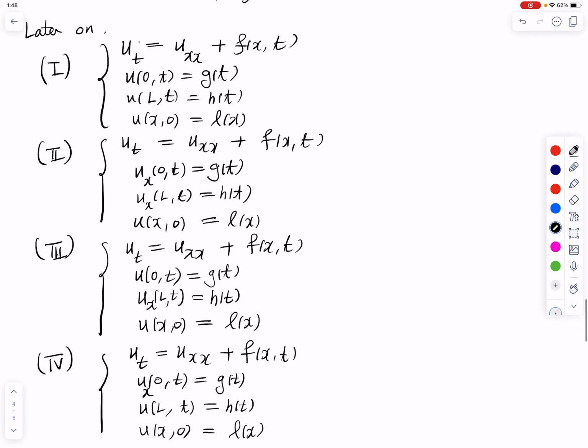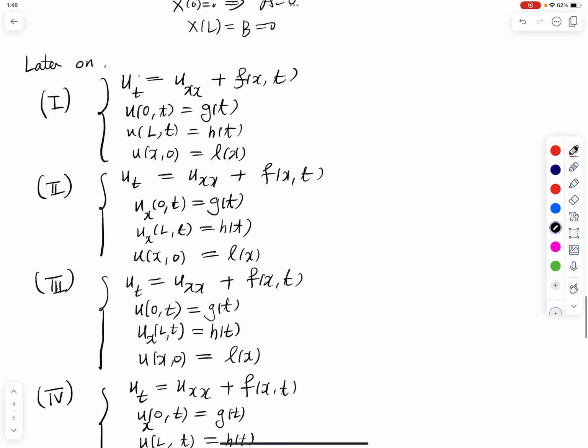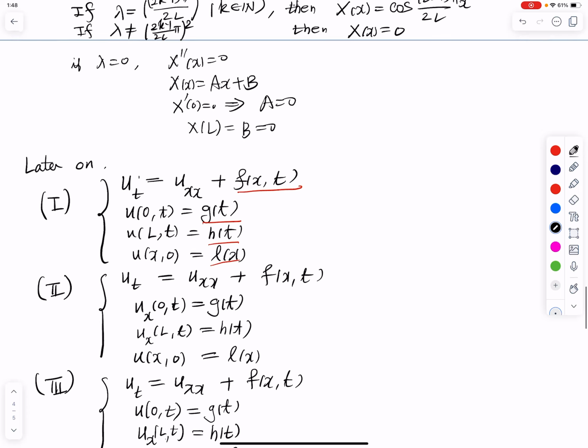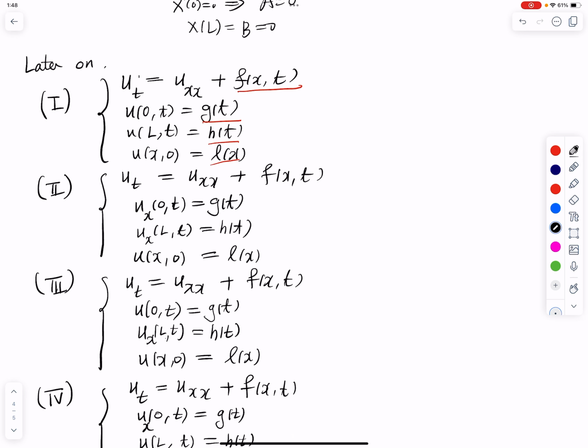These functions are all given. So f, g, h, l are given. You need to find the solution u(x,t).